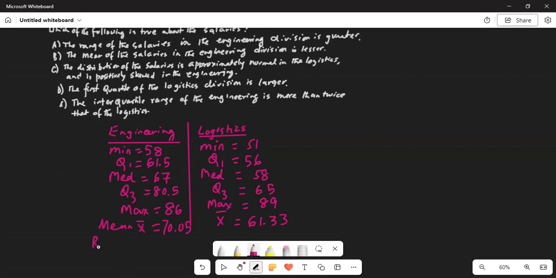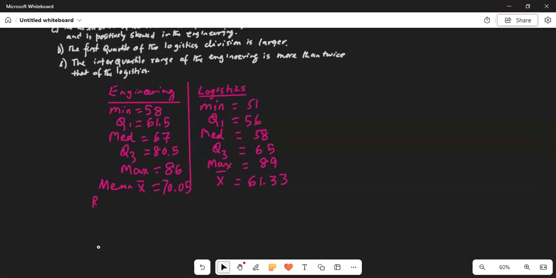Okay, so let me move up a little bit. So range is max minus min, and that is equal to 86 minus 58, which is 28.